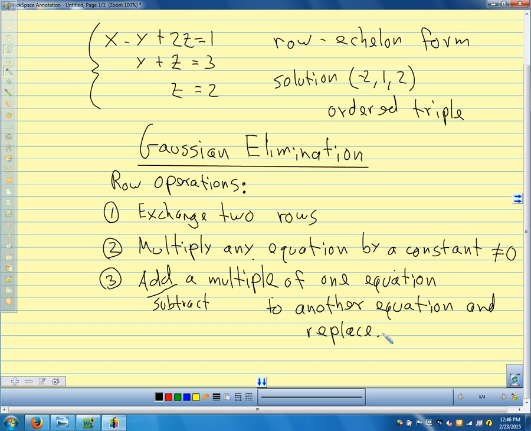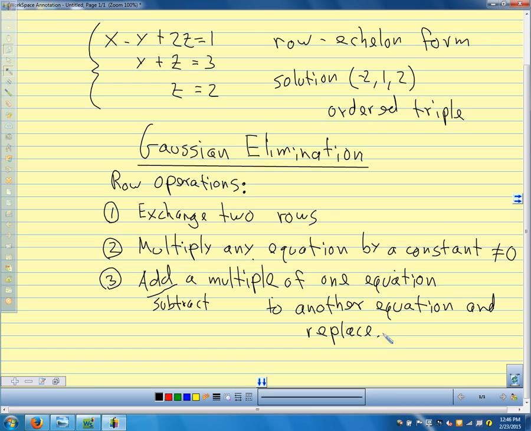So that's what we did. For example, when we did two-variable systems, we multiplied one equation by 2 and one by -3, and we added them together, and we replaced one of the equations by what we got after we did that operation. We're going to do that with a three-variable system as well. We just end up having to do it a few more times.